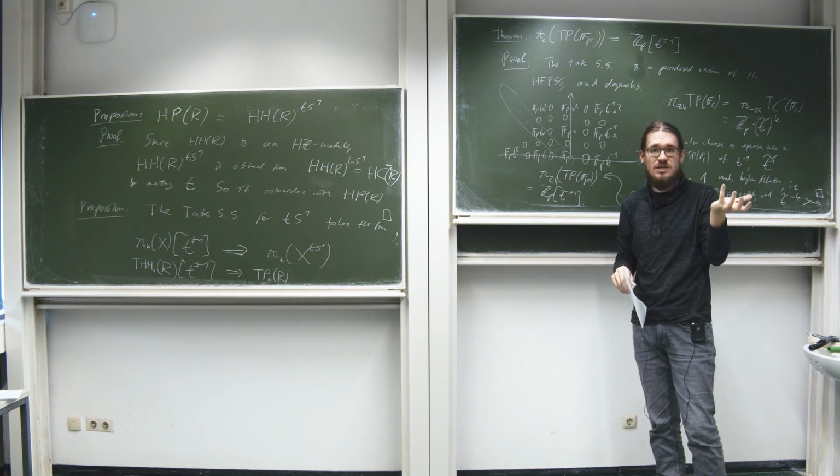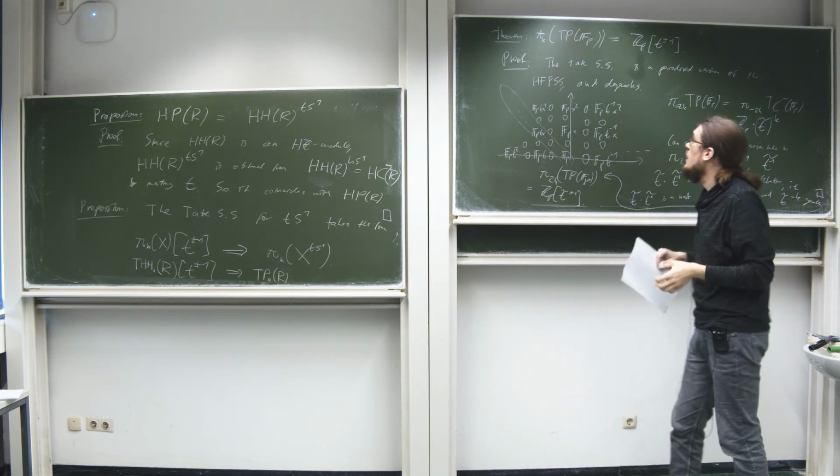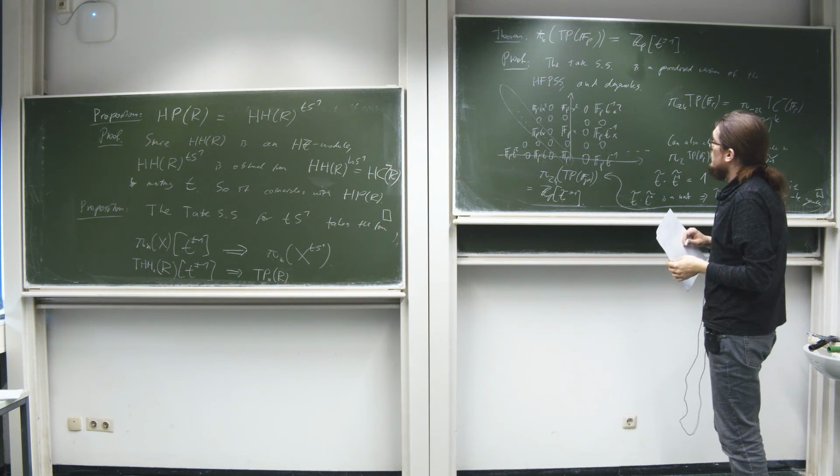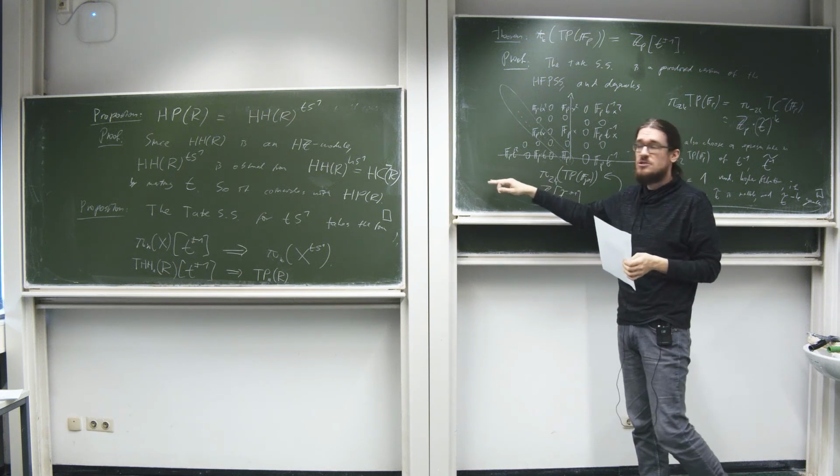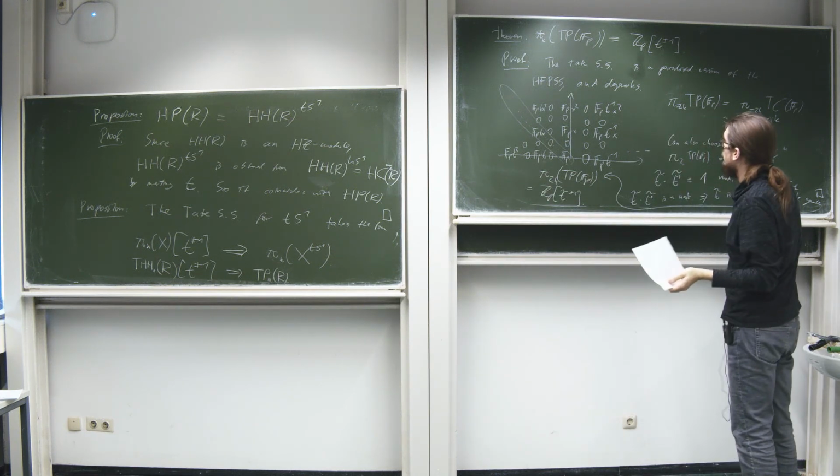So there's the canonical map, the natural transformation from homotopy fixed points to Tate S1. Well, on negative degrees, TC minus was generated by powers of T. So on negative degrees, it's an isomorphism.